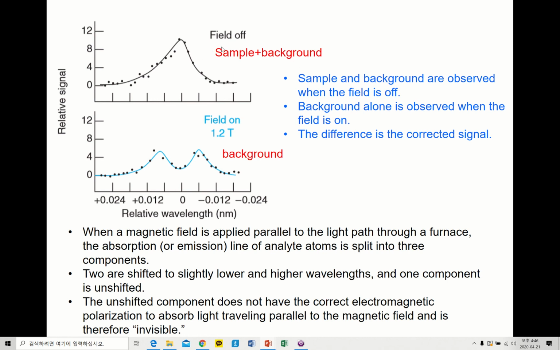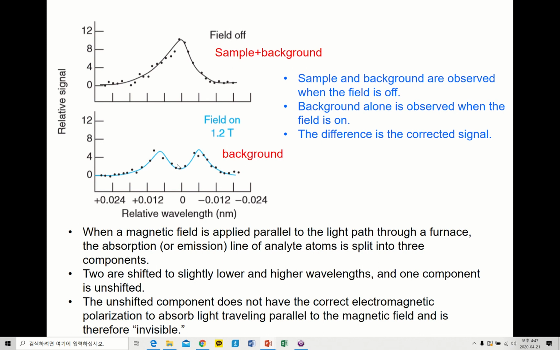But when the field is on, this part is removed, because only the background signal is detected with the field on. So the middle part is observed as background.